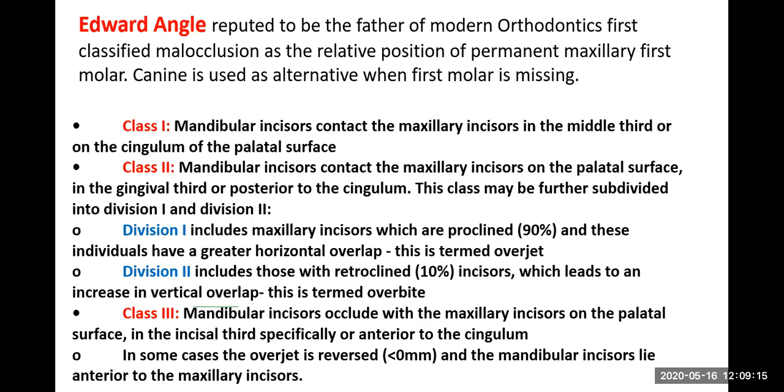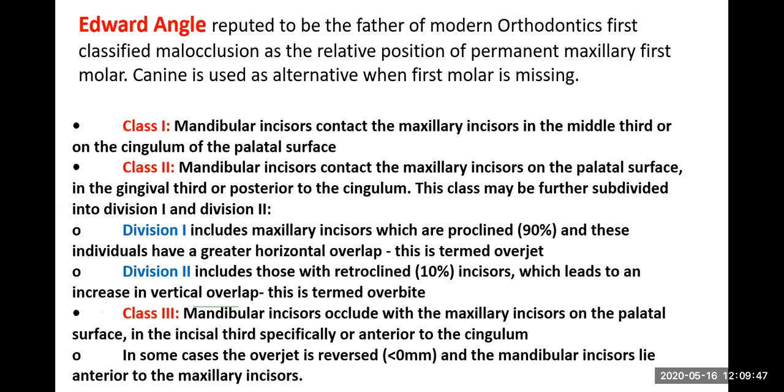So the reference point that Edward Angle used in defining class of malocclusion is the first permanent maxillary molar. That is the reference point. You get to know in the course of this lecture what that means. The canine can also be used to define malocclusion where the first permanent maxillary tooth is missing.